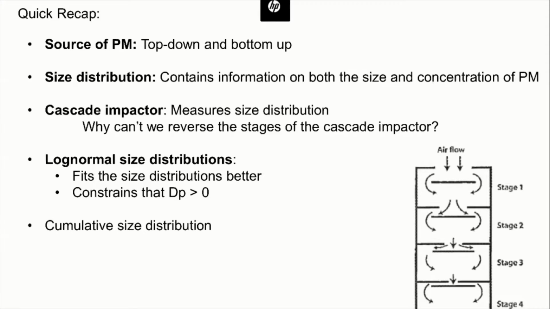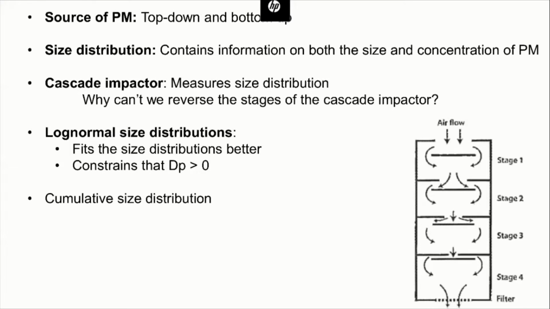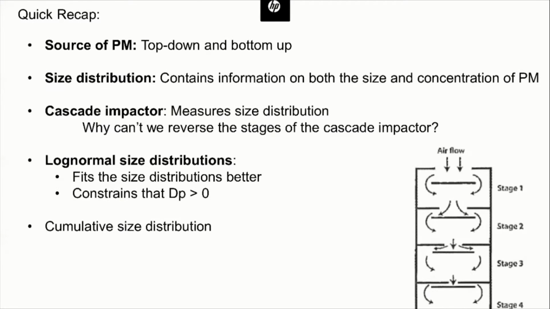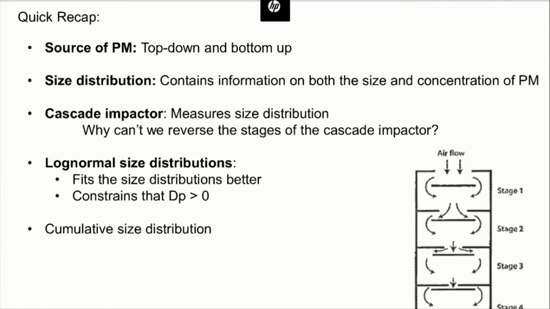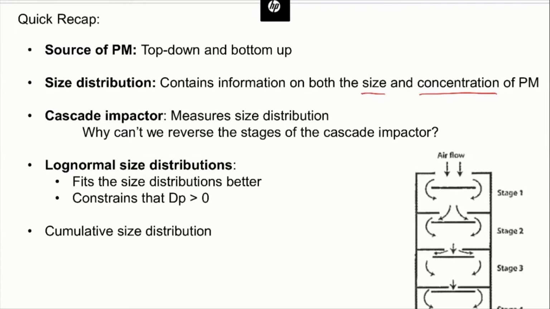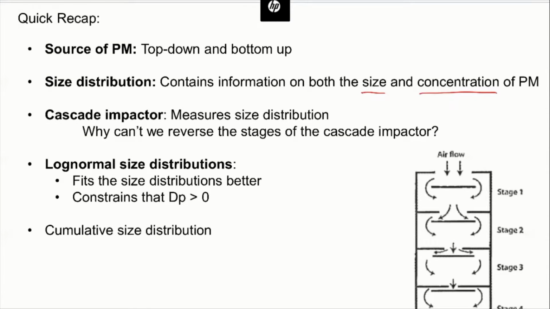So we also mentioned the size distribution. Basically, people may be interested in a series of properties of particles. Last class, we mentioned people are interested in the size and the concentration, but actually people are also interested in the chemical composition, toxicity, mass, and so on. But the quite important one is the size distribution, which contains both the particle size and the concentration.